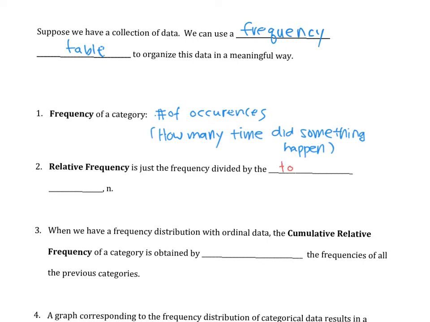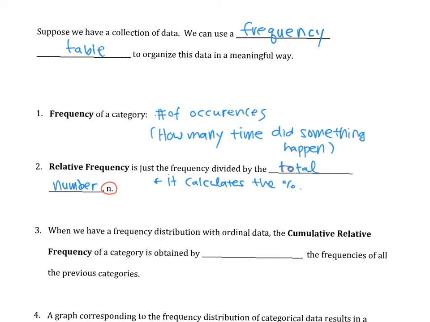and many times you're going to refer to that as the letter N. It basically calculates the percentage. We can extend the frequency and relative frequency idea a little bit more.